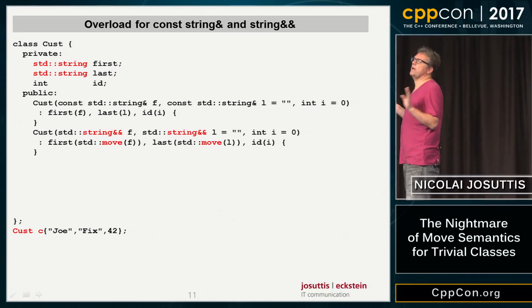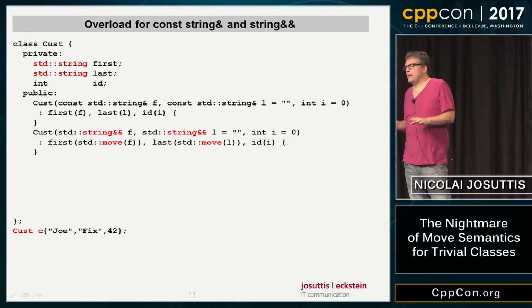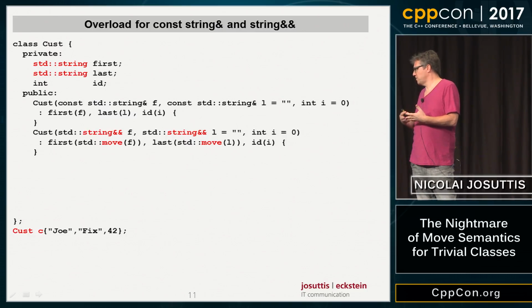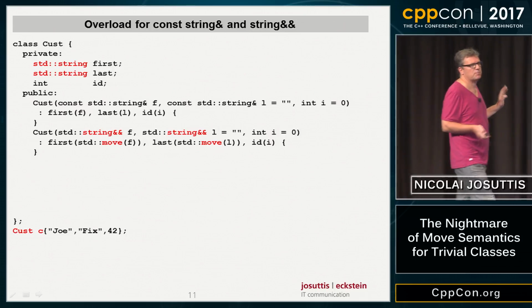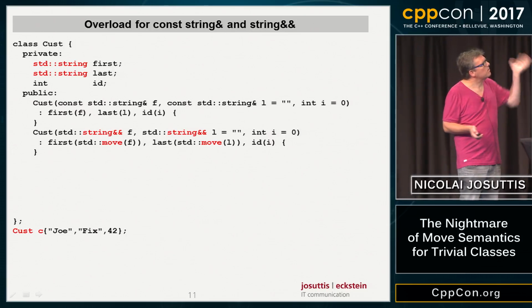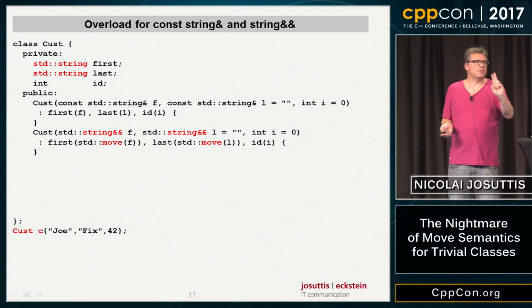And by the way, move semantics covers both moved L-values, so moved existing objects with names, and temporaries. So a string literal will be covered by that. So we don't need the const char star overload for the moment.